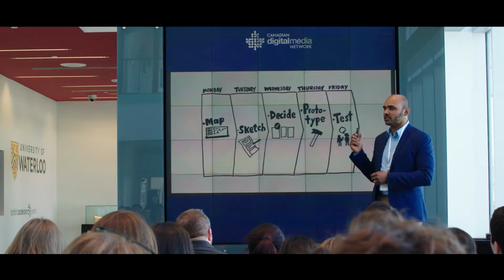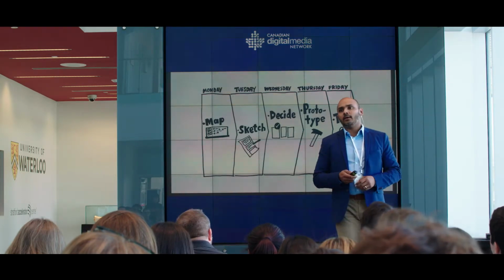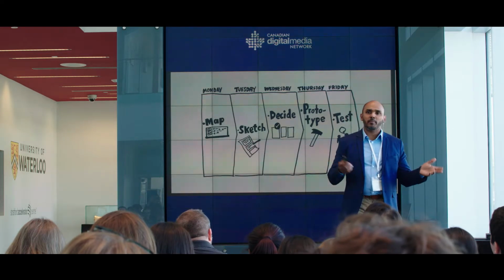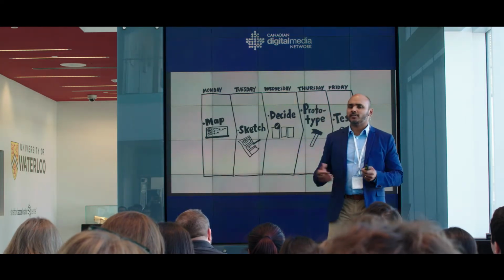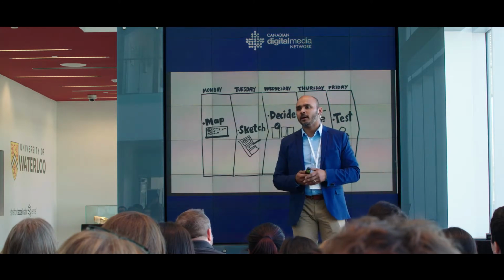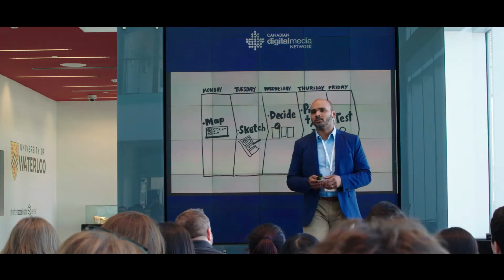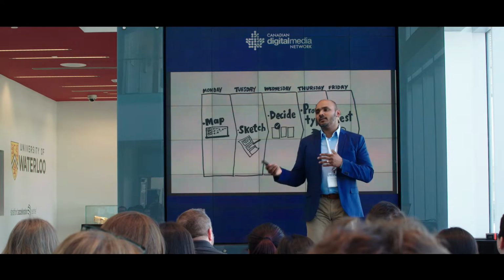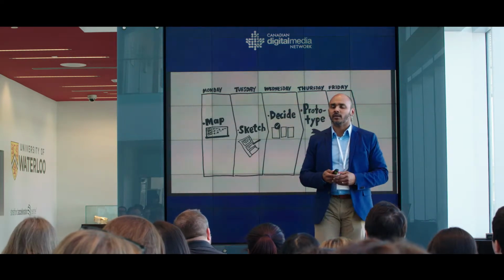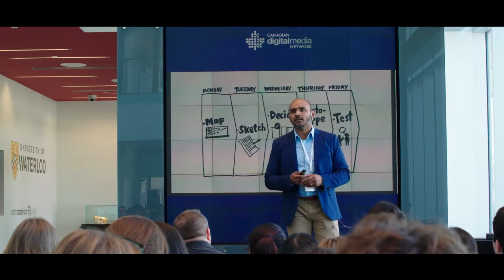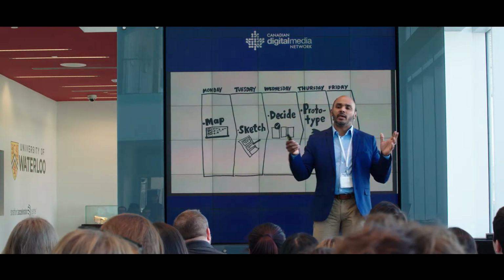Remember I showed you this diagram earlier, and we start with a mapping activity. When I started running design sprints, mapping was a little bit weird. People didn't really understand some of the terminology. In the context of building a software product, which is most of the sprints that I run, we're actually looking at mapping a customer experience.